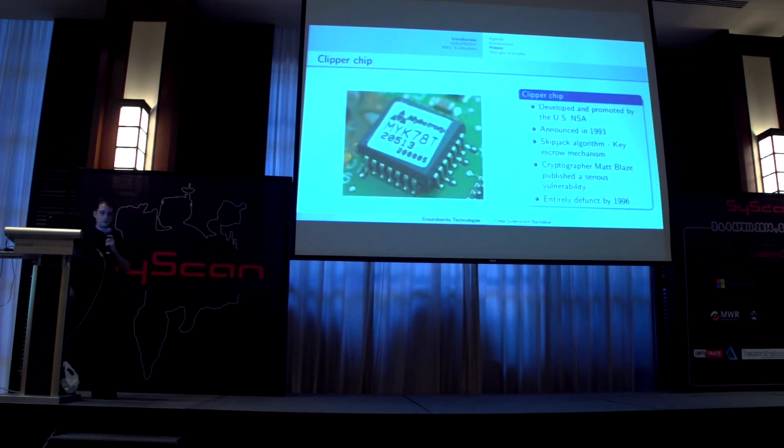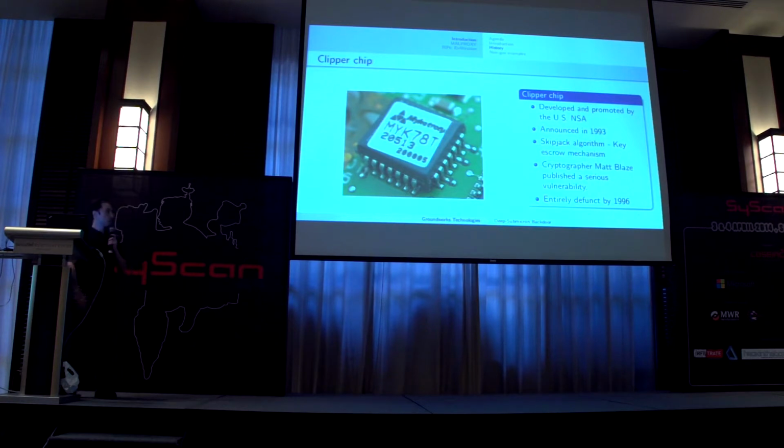Now, this is a very famous backdoor. It was created in the 90s by the NSA. The idea was for every communication device to have this encryption. It has a key escrow mechanism, meaning that basically the NSA, the government, has a master key and can listen to your communication.